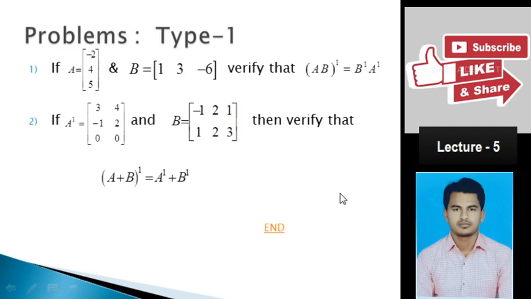Okay, now in this example, I should make it as (A + B) transpose. What does this mean? They have given here A transpose. Be careful, it is not a matrix.